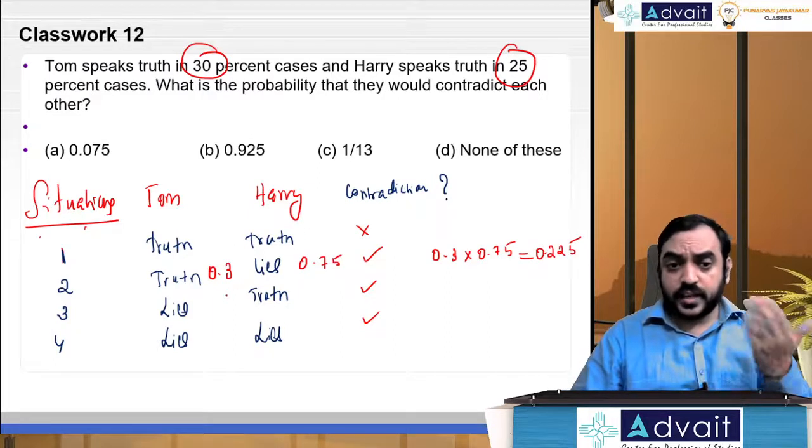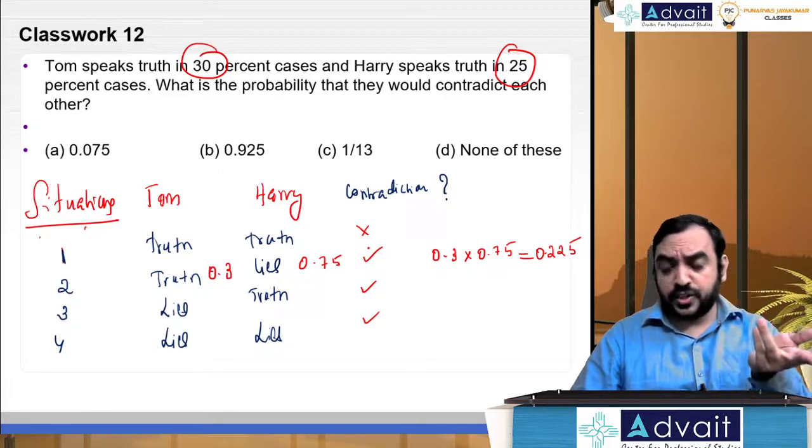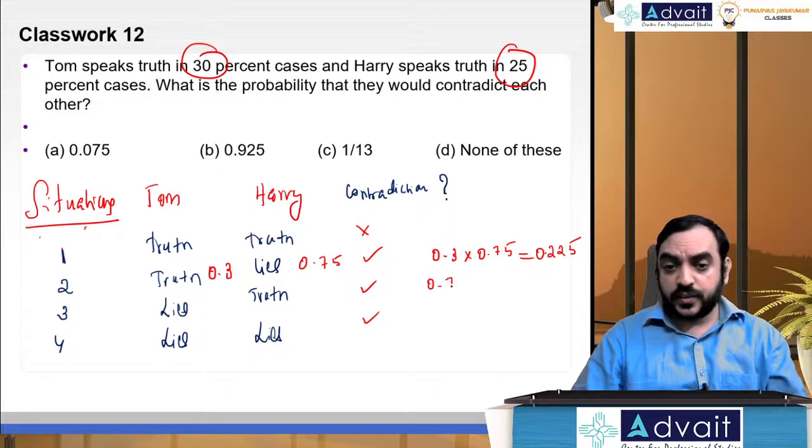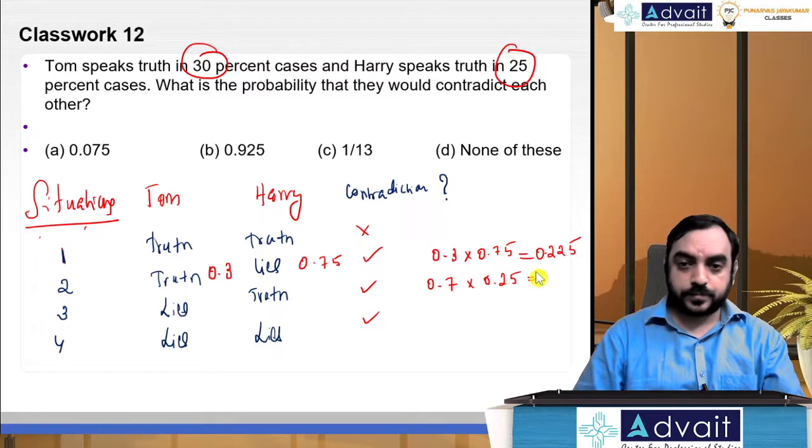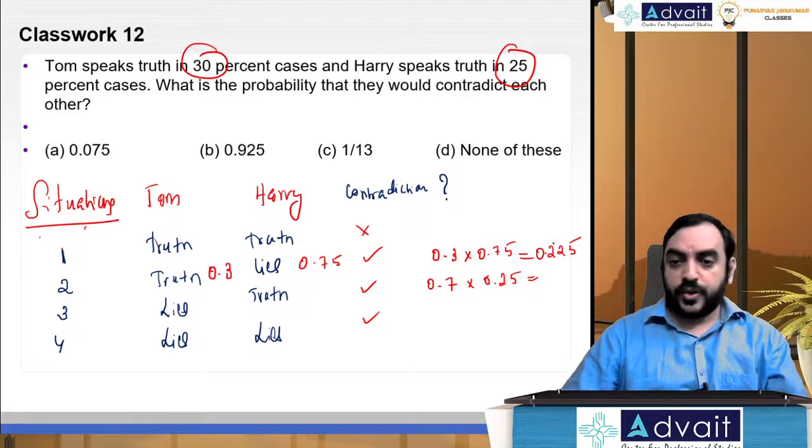In the second case, Tom lies. That is the remaining complement. 30% truth means 70%, 0.7. Harry telling the truth, that is 0.25. That gives 0.175.